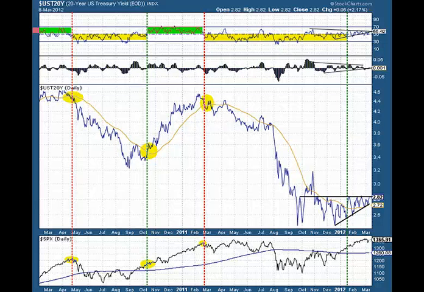As you can see by my vertical lines drawn on here, the yellow circles in the two bottom panels, and then the yellow and green highlights in the top panel, when the 20-year yield trades above its 50-day moving average and the RSI is above 50, which usually coincide, then stocks will do well. If the opposite holds true and the yield is below its 50-day moving average and the RSI is below its 50 line, then stocks typically do poorly.